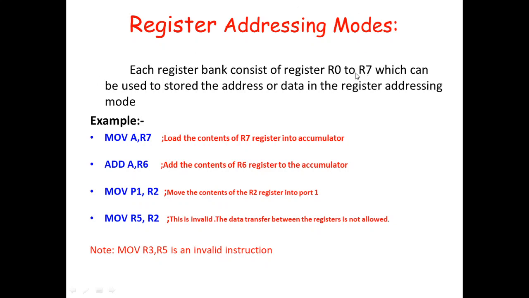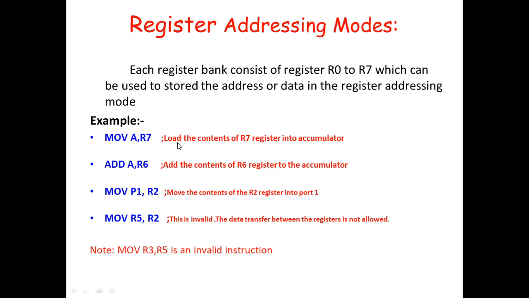These registers work as general purpose registers. General purpose register means you can save your data here. You are using these registers to hold the data, and that's why we call this register addressing mode. Now one by one we will see the examples.